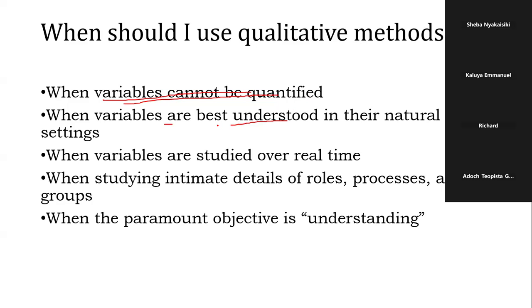It's your job to get all of them and provide the full picture. When variables are being studied in real time, when we're studying intimate details, the entire picture, when the objective is to understand. And when we're trying to understand somebody's position, our opinion doesn't matter. We're bringing out the other person's reality.